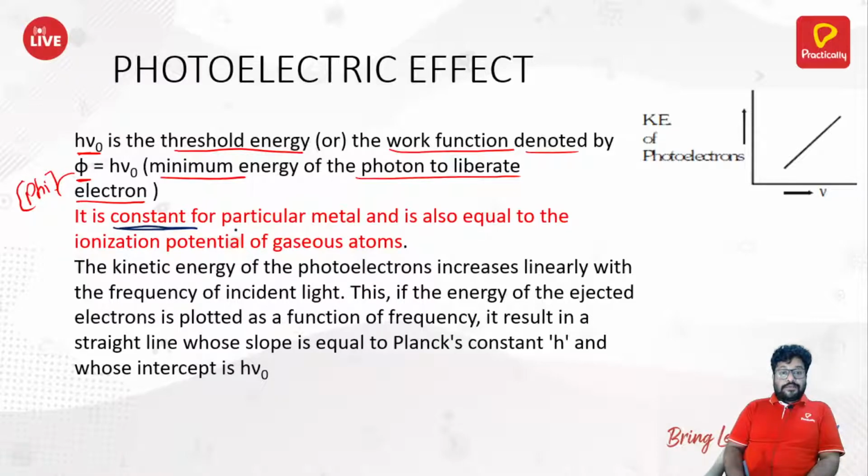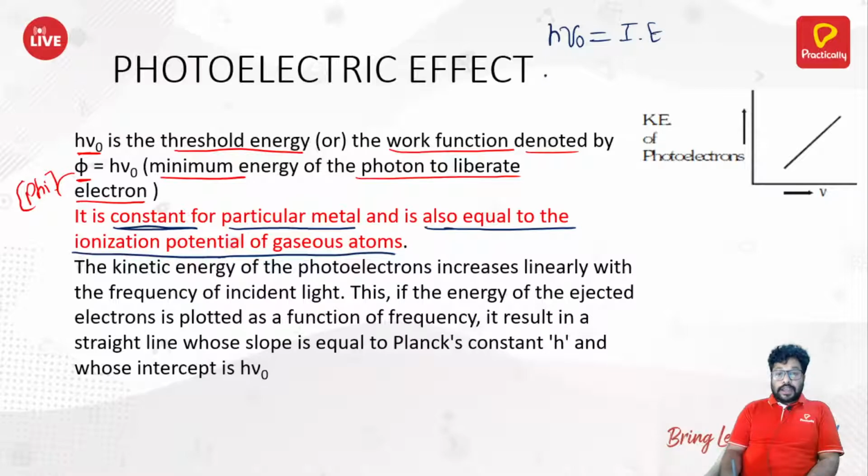It is a constant for a particular metal. Every metal has a different value of phi. It is also equal to the ionization potential of a gaseous atom. Basically, the h nu 0 of a metal is also equal to the ionization energy if the metal is in the gaseous phase.